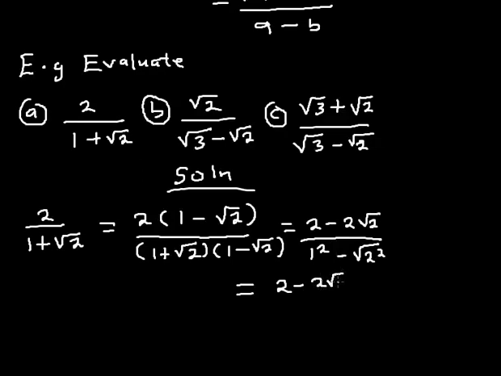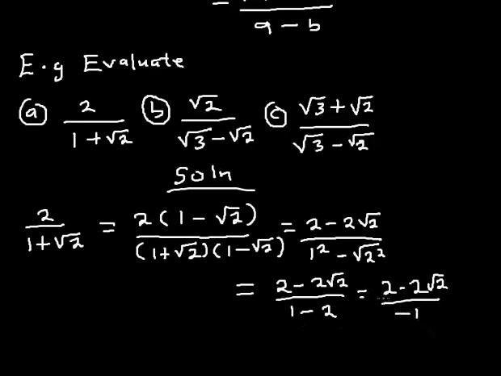Then divided by 1 square is 1. Root 2 square is 2. So I'm having 2 minus 2 root 2 divided by 1 minus 2, which is minus 1.